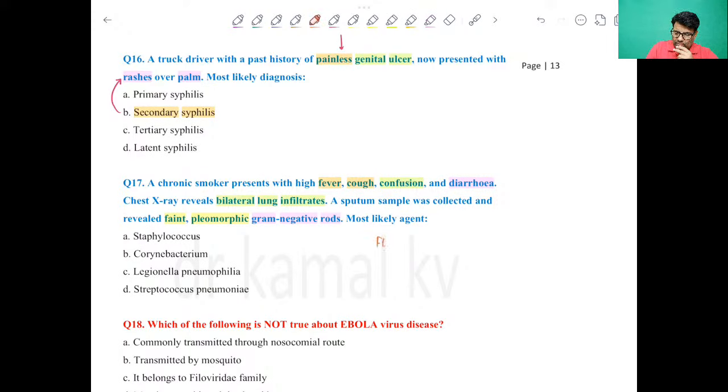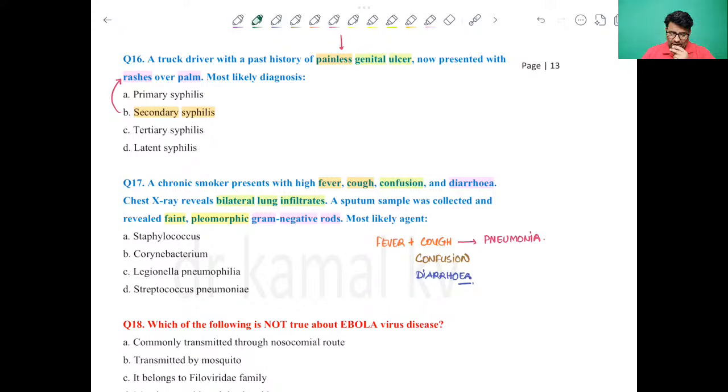There is fever plus cough suggesting pneumonia. This is one thing, but this is not the end of the question. There is mental confusion and there is also diarrhea. Clear? So there are three things: pneumonia, confusion and diarrhea.